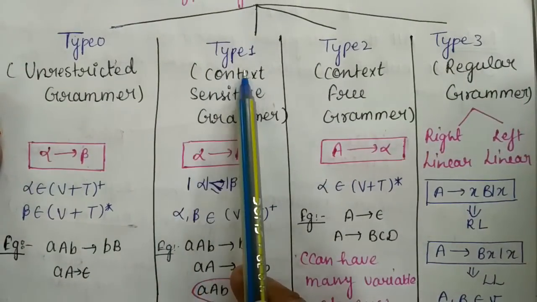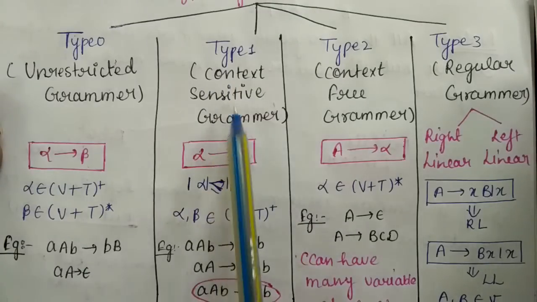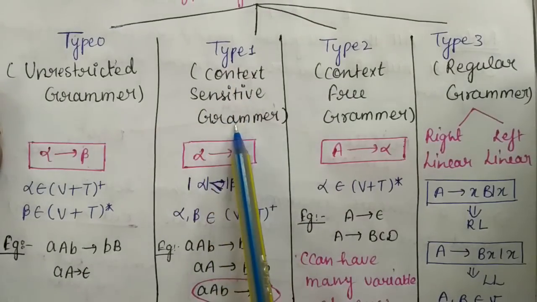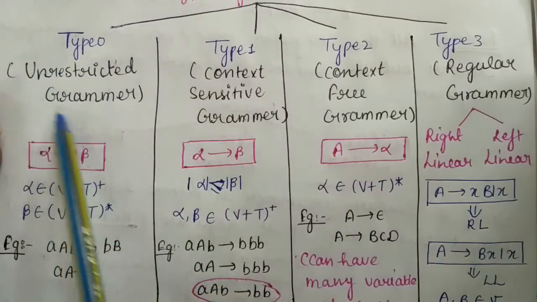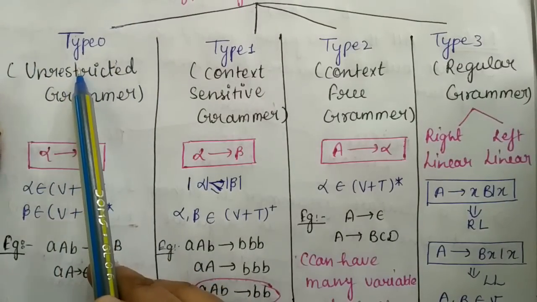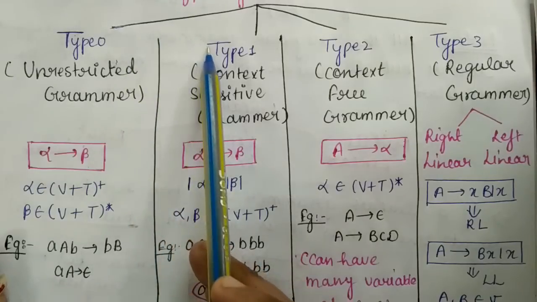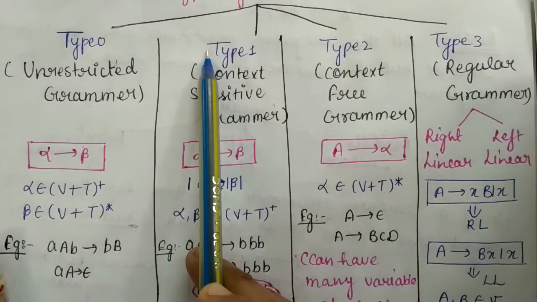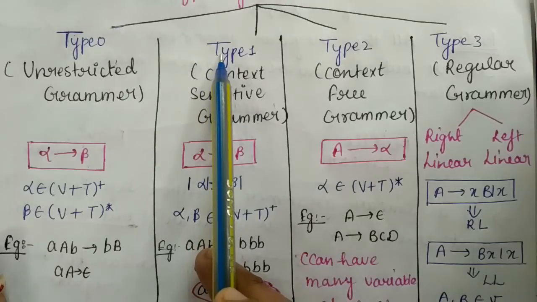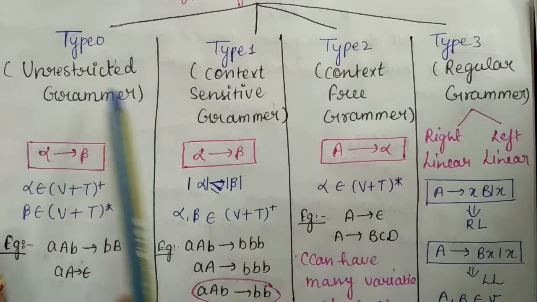Type 1 grammar is context sensitive grammar. Means if we apply some restriction on type 0 grammar, then we derive type 1 grammar. Type 1 grammar is derived from type 0 grammar only.